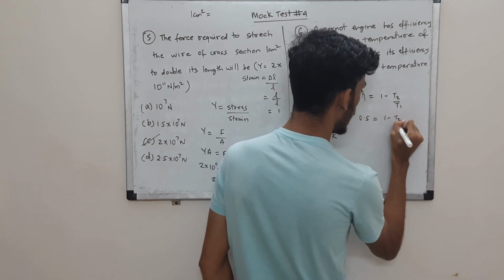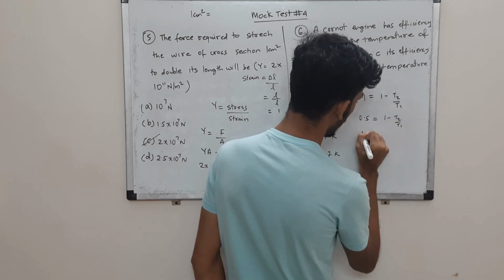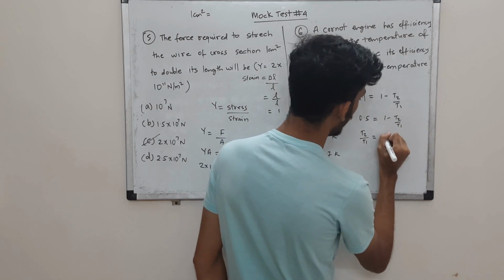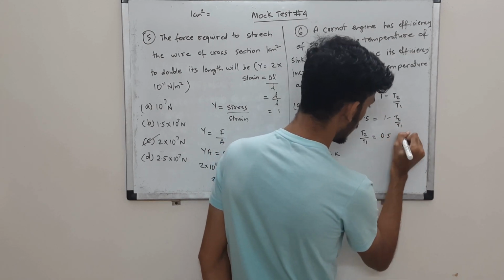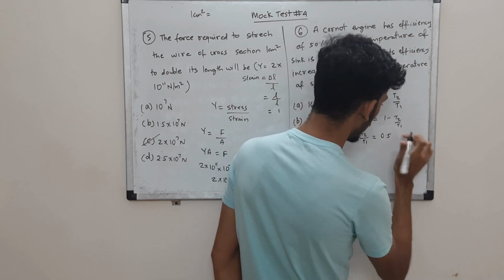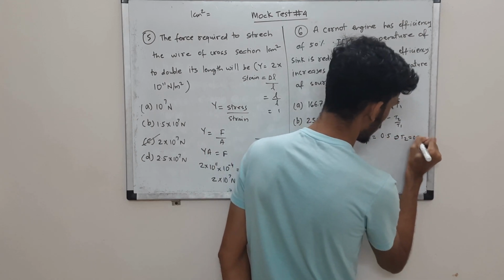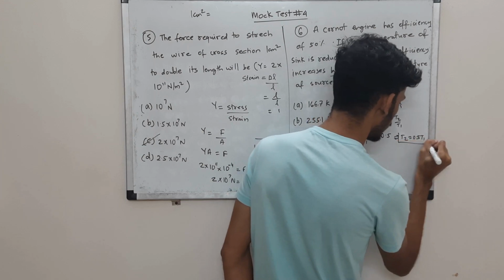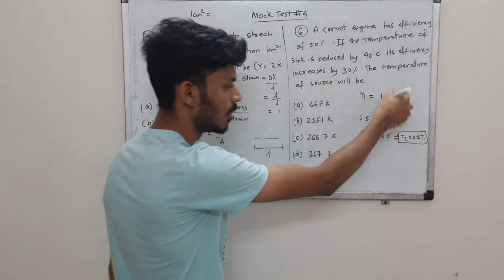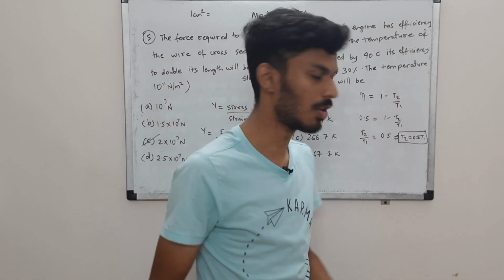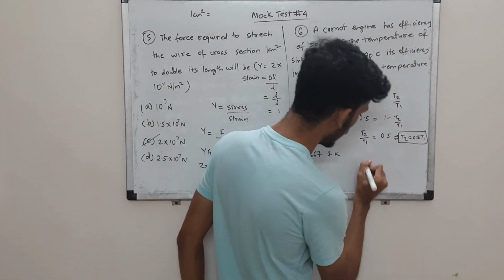So 1 minus T2 by T1 equals 0.5, so T2 by T1 is 1 minus 0.5, which is again 0.5. So T2 is 0.5 of T1, right? So this is our first relation. Now here you should know that T1 is the temperature of your source, T2 is the temperature of the sink, right? Now we'll write the second equation.